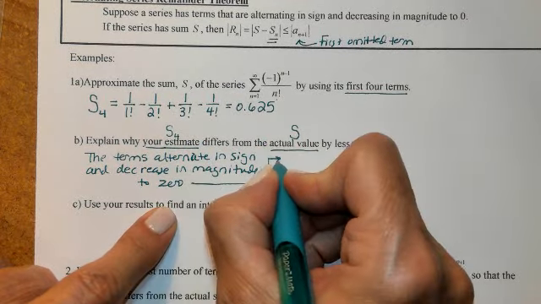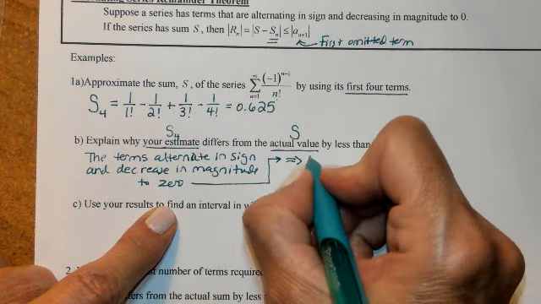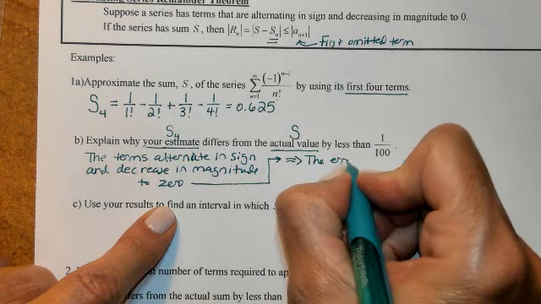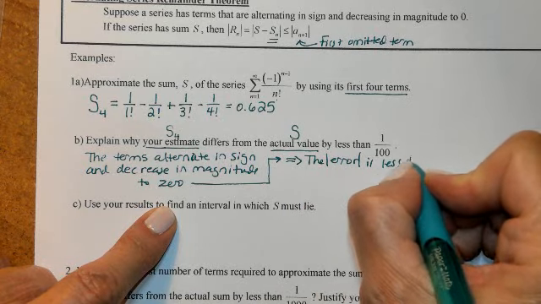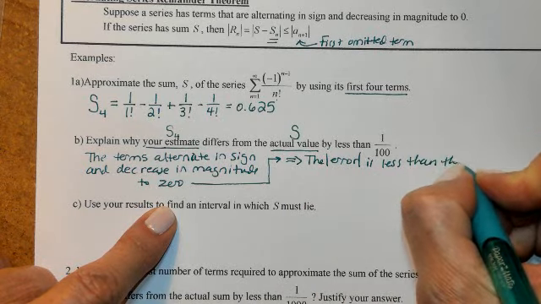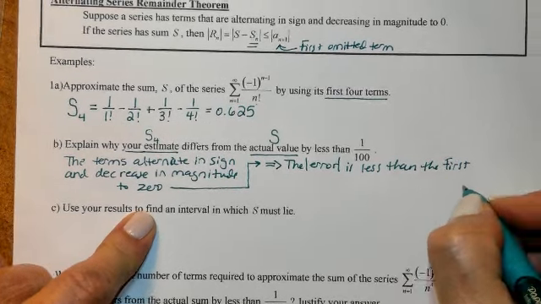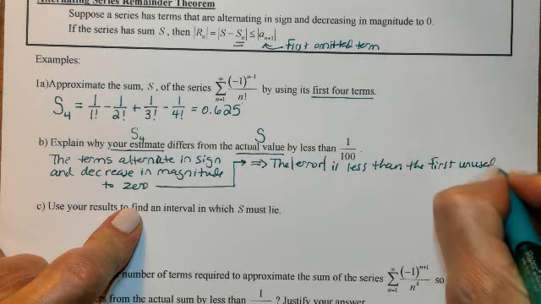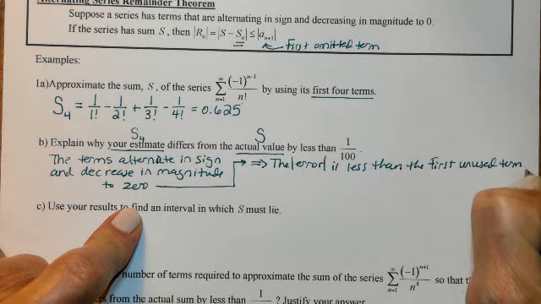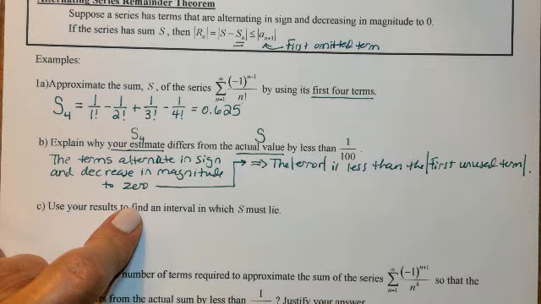which means, therefore, the error is less than the first, you can say omitted or unused, whatever one you like, the first unused term, absolute value of the first unused term, because sometimes it'll be negative, right?